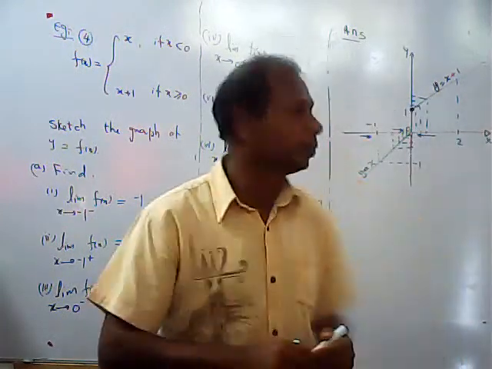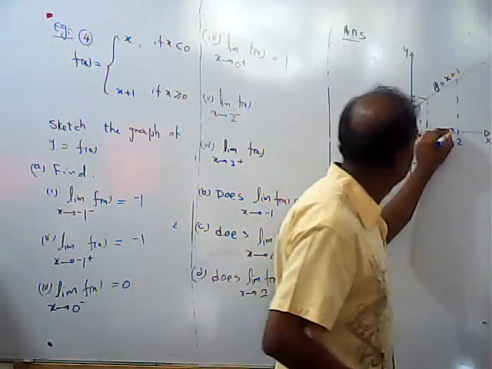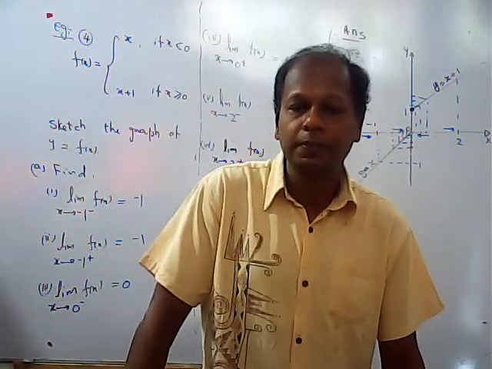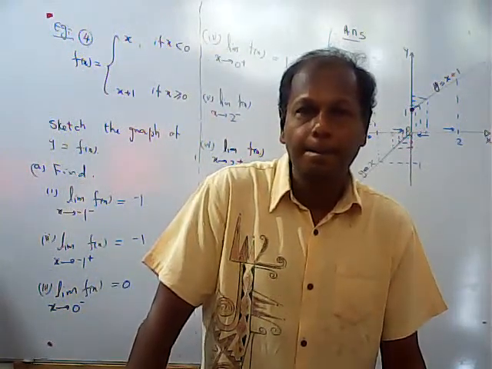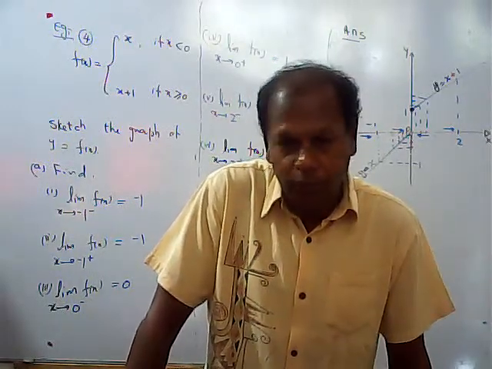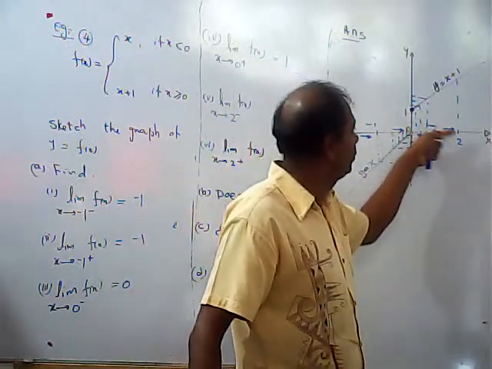As you get closer to 2 from the left hand side, where does the function value get closer? The function value gets closer to the left limit at 2.